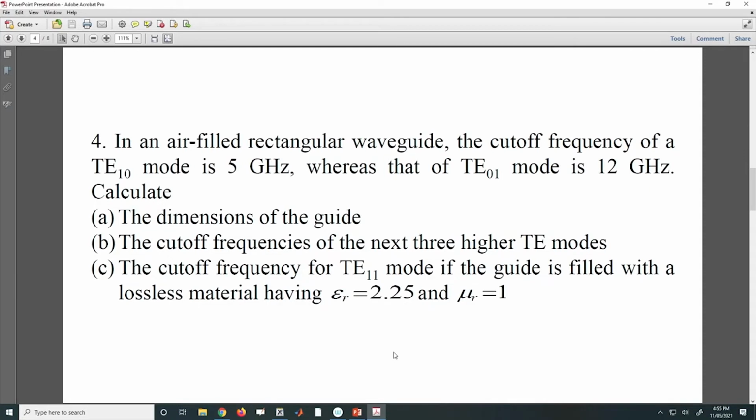Calculate the dimensions of the waveguide, the first one. The second one is we need to calculate the cutoff frequency of the next 3 higher TE modes. And the third one is the cutoff frequency for TE11 mode if the guide is filled with a lossless material having epsilon r equals to 2.25 and mu r equals to 1.